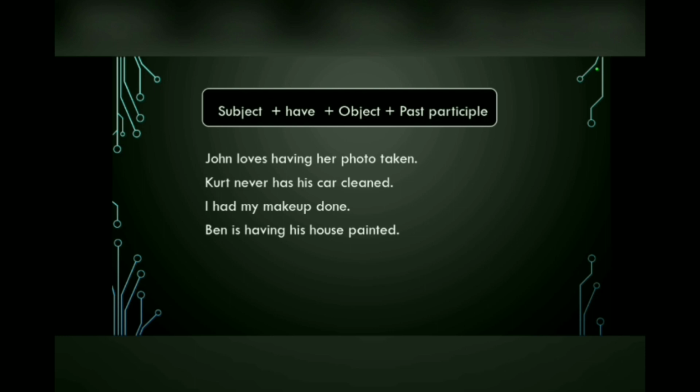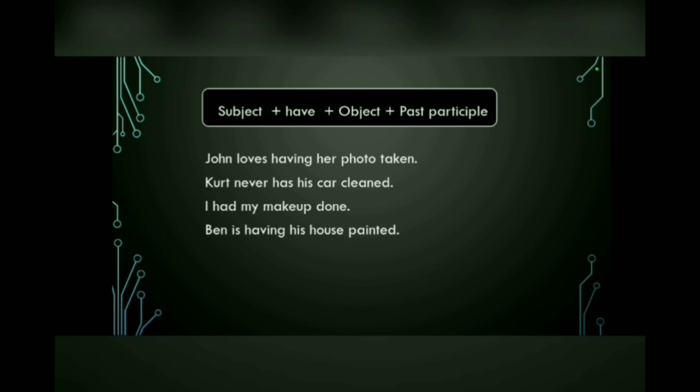It is a very sensible thing to do. Two more examples: I had my makeup done, and the last one, Ben is having his house painted. So in all of these sentences, the subject doesn't perform the action, someone else does it.